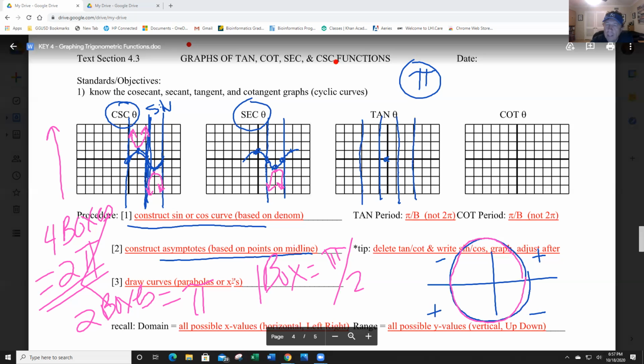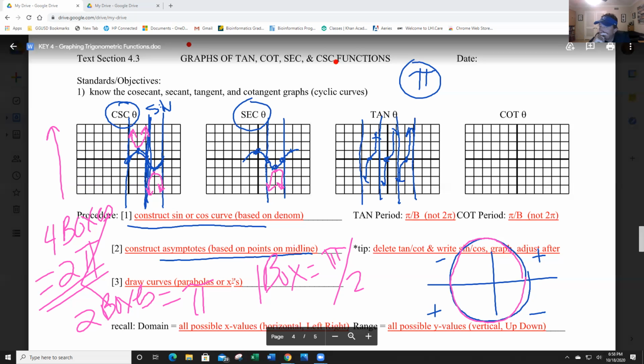Then right in the middle, I'm going to put the turning point. And positive tangent is high on the right and low on the left. It doesn't really have an amplitude.